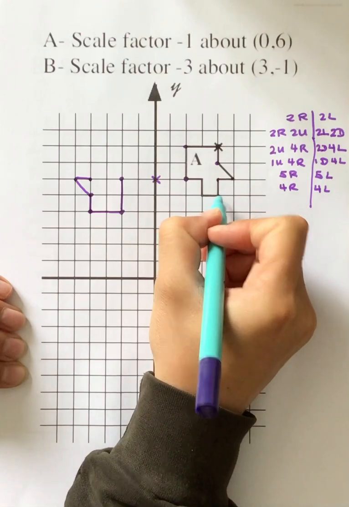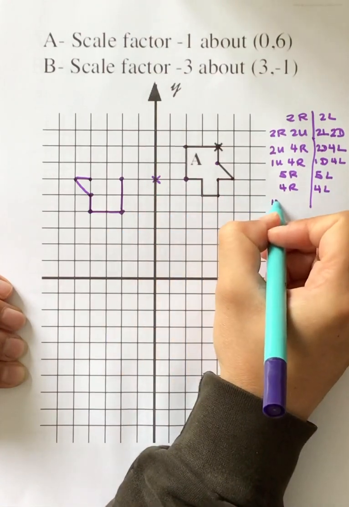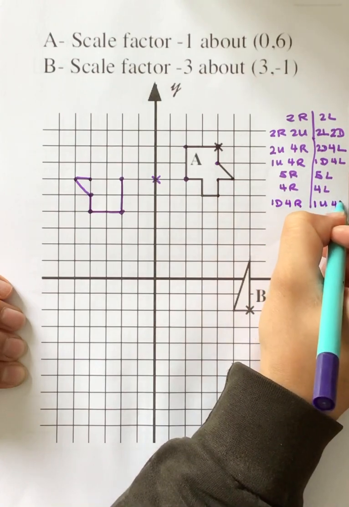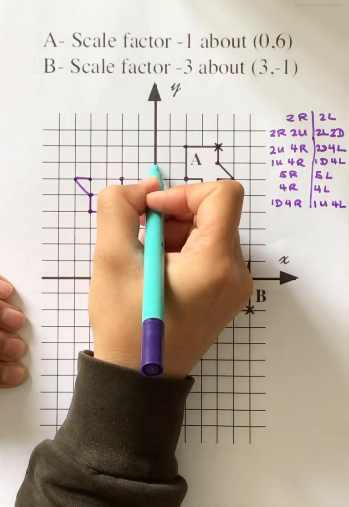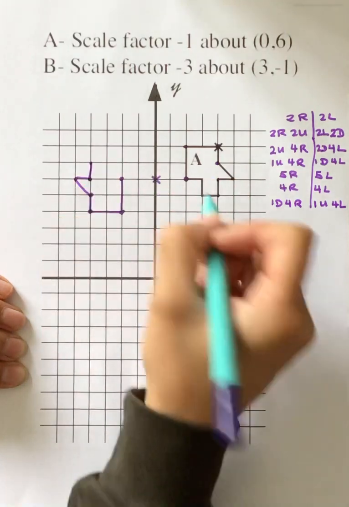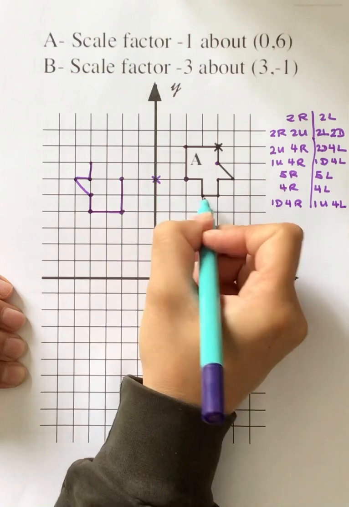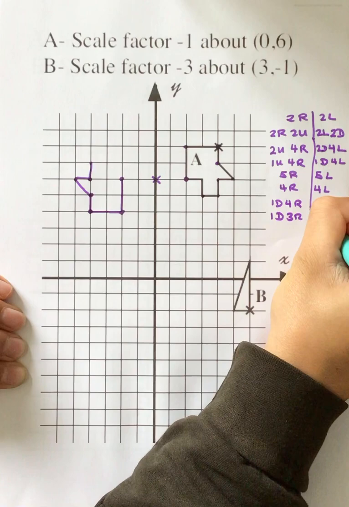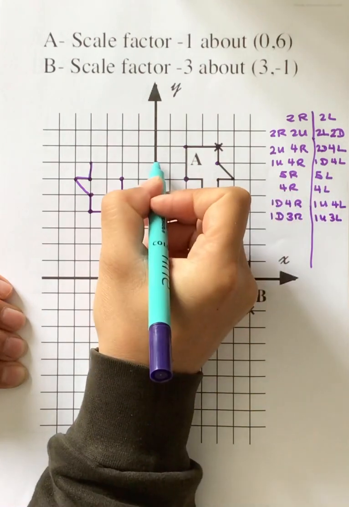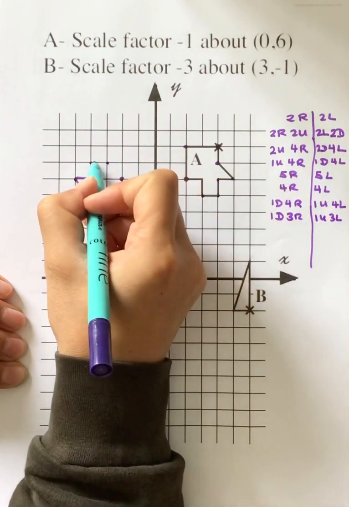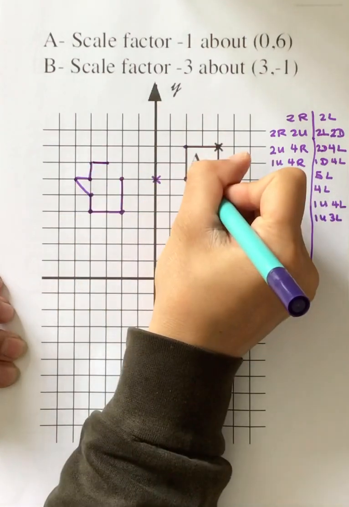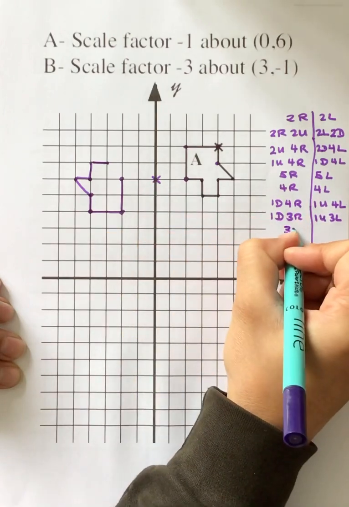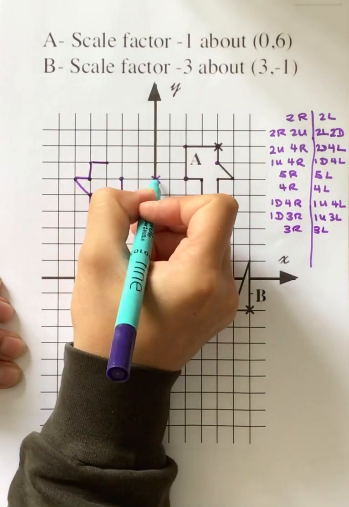Then I've got this one here, 1 down, 4 right, so the reverse will be 1 up, 4 left. And then this one here, 1 down, 3 right, so for my new shape, that's 1 up and 3 left. And then this corner here is my last corner, and it's 3 right, so I will need to go 3 left.